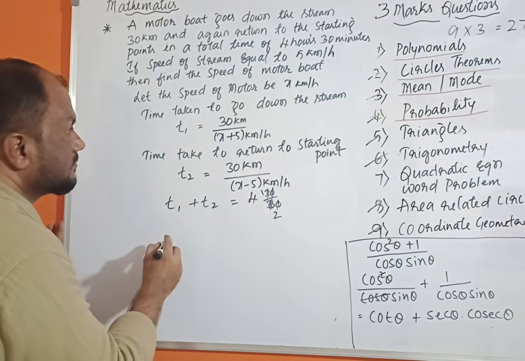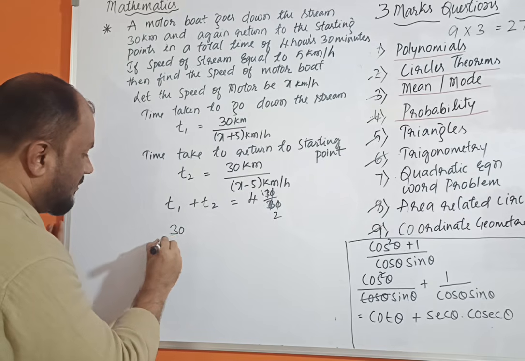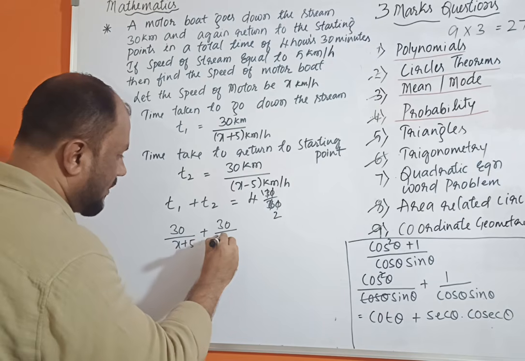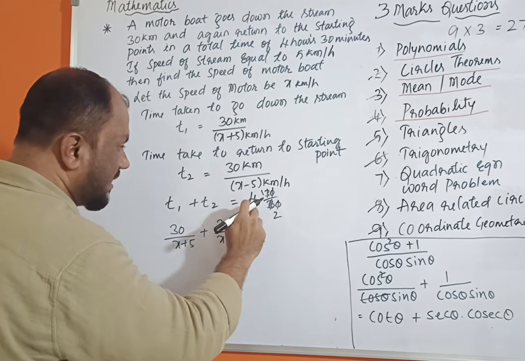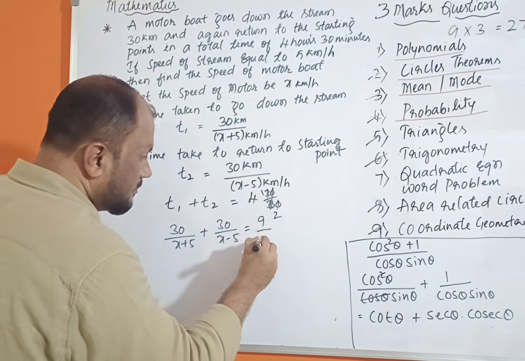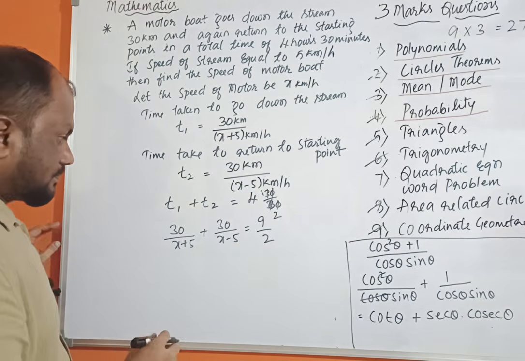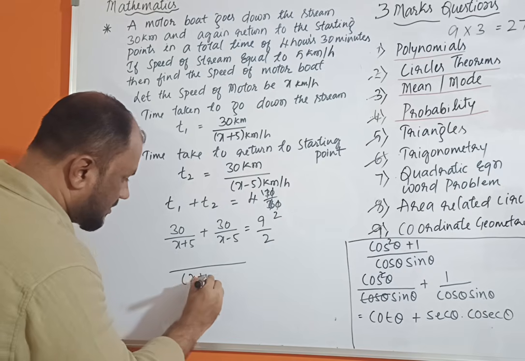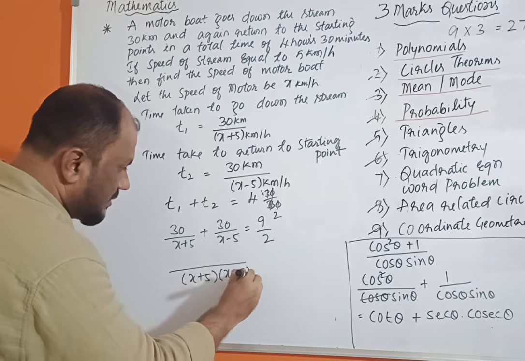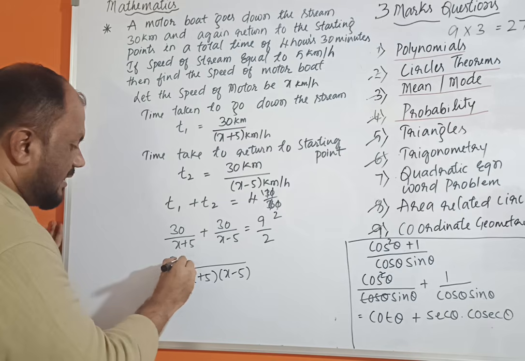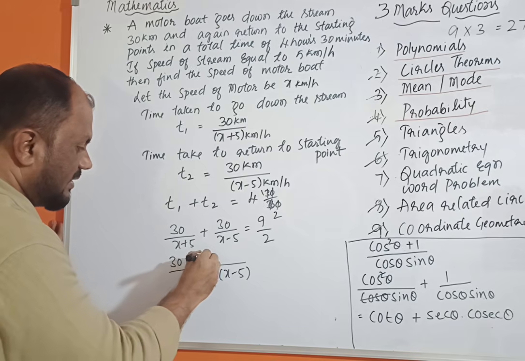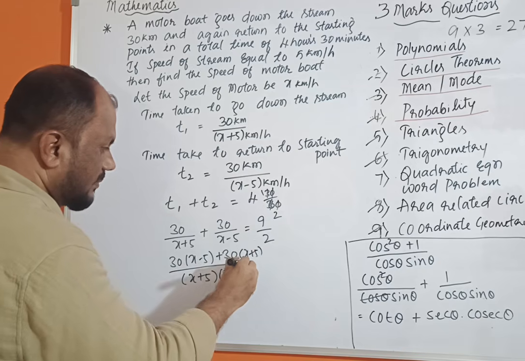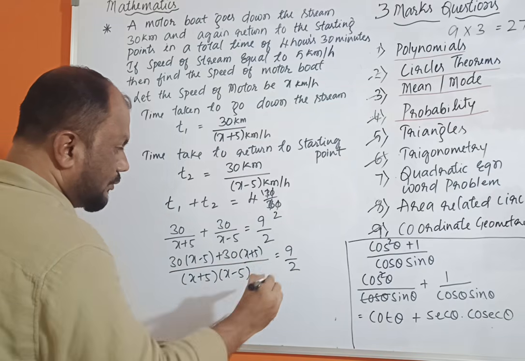So what is T1? 30 divided by x plus 5, plus 30 divided by x minus 5 is equal to 4 2s are 8, 8 plus 1, 9 by 2. Now take the LCM. x plus 5 into x minus 5. 30 into x minus 5 plus 30 into x plus 5 is equal to 9 by 2.